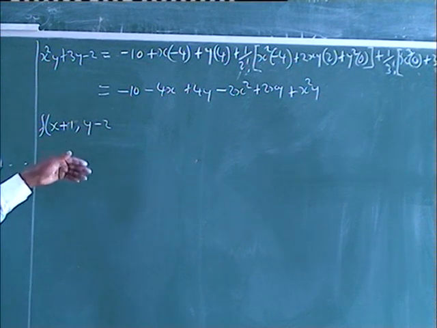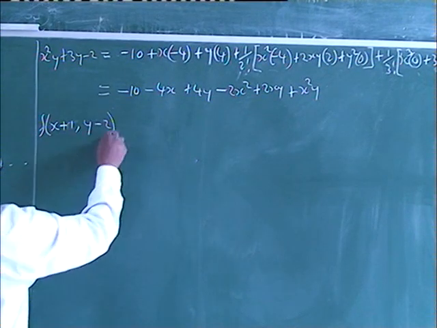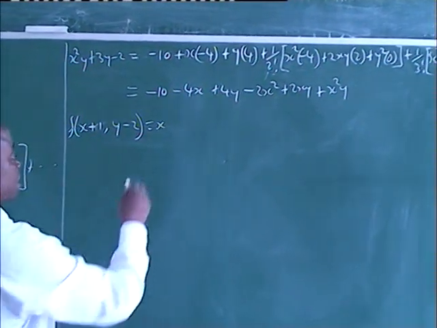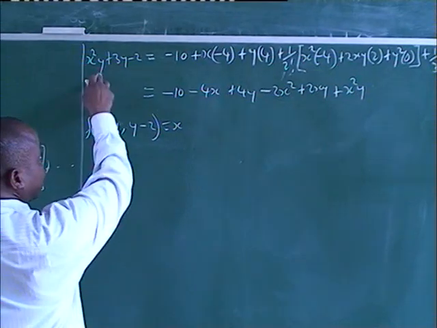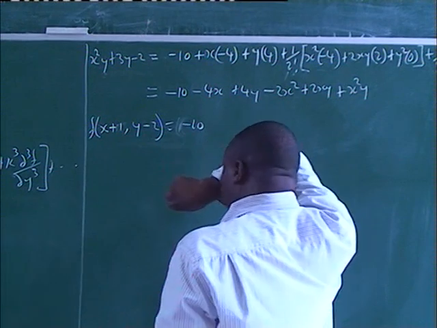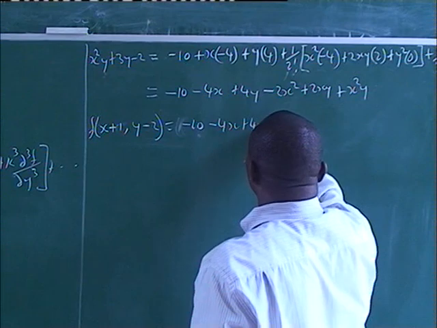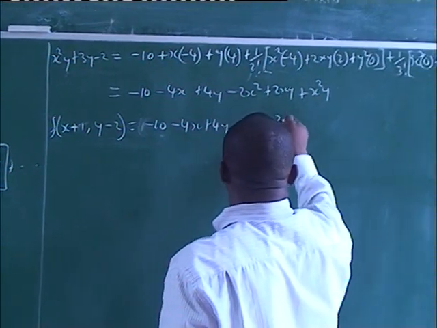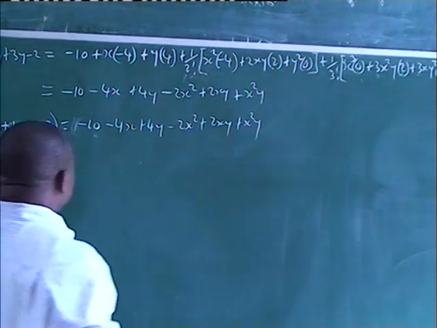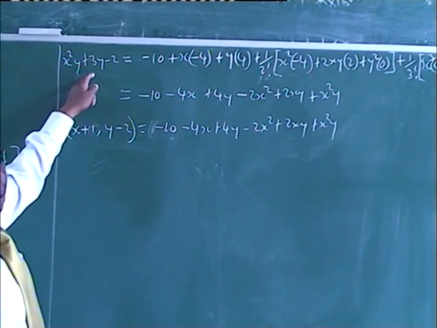So x plus 1, y minus 2 is equal to f of x plus k. Now f of x is this, so it now becomes minus 10 minus 4x plus 4y minus 2x squared plus 2xy plus x squared y. So that is the expansion of this function.